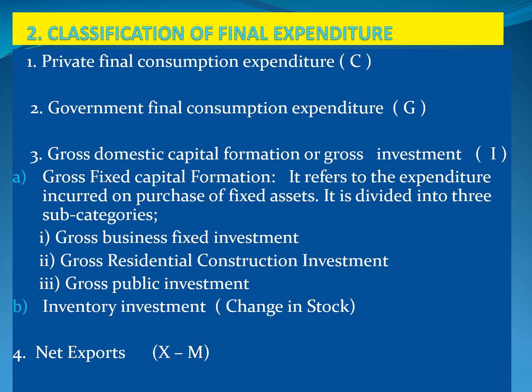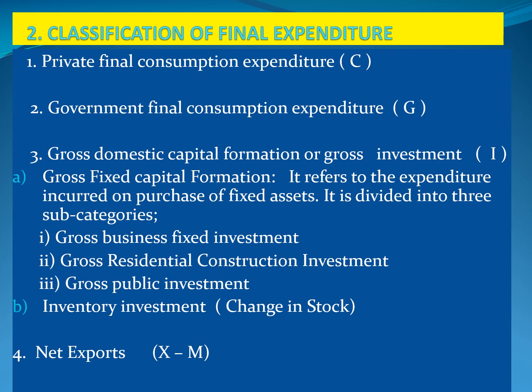Now the first one, that is gross business fixed investment. It is defined as expenditure on fixed assets, example machinery, equipments and factory buildings, etc. Now the second one is gross residential construction investment.